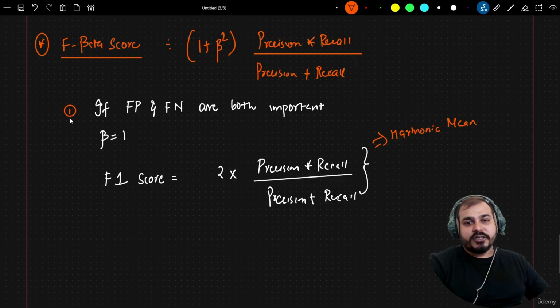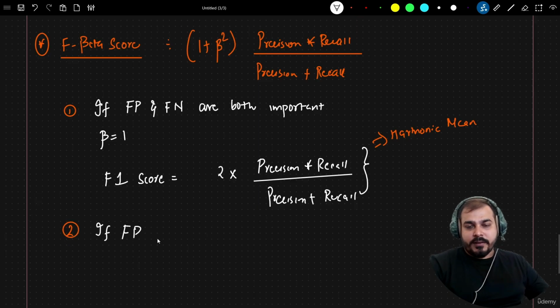Now, this is my first condition. My second condition is, let's say false positive is more important than false negative.